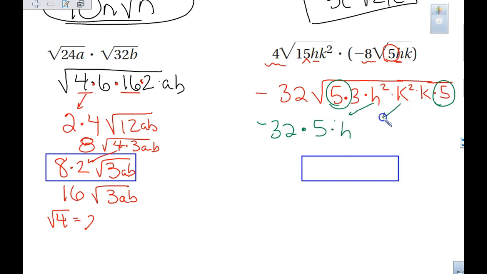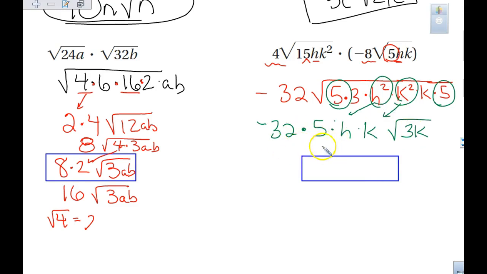K to the second, Evan, is going to be just k. And I am left with what underneath my radical? 5k. Didn't we pull both the 5s out? Just k. Was there any other numbers underneath there that I didn't pull out? The 3.